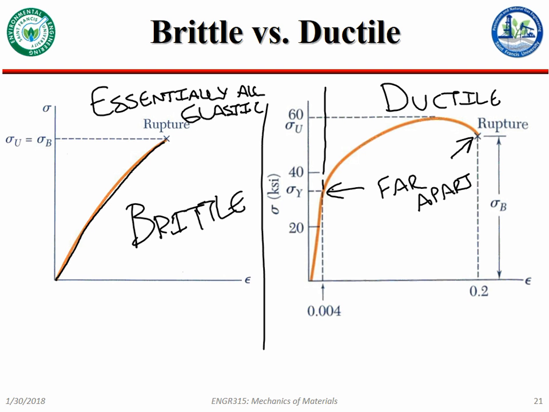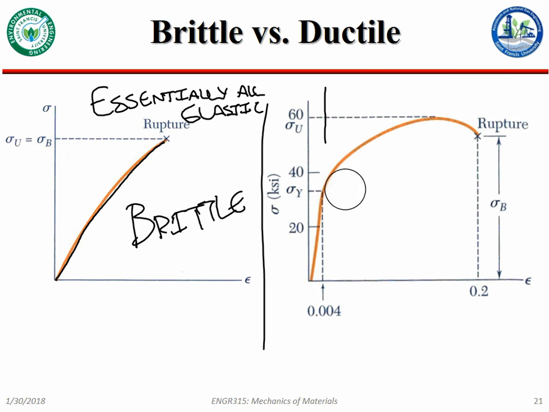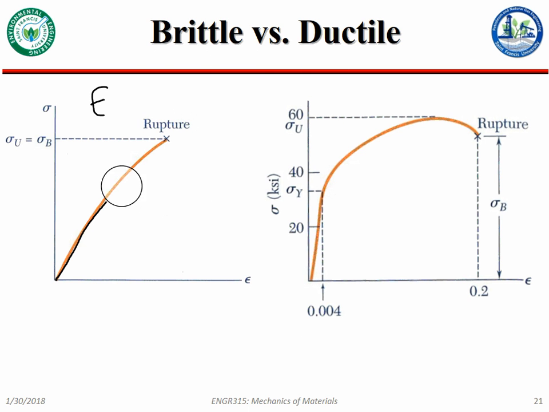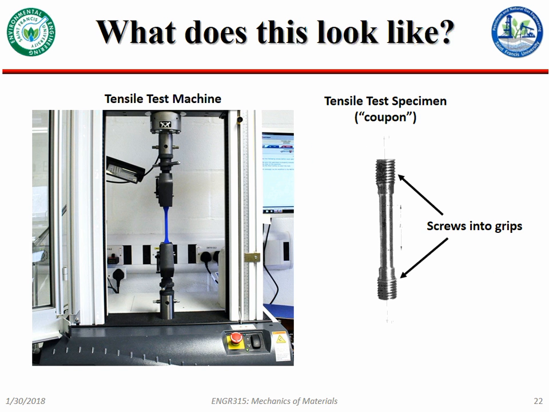So the next question is, how do we figure this out? And the answer, which I was hoping might be a part of this class, and well, doesn't look like it, unfortunately, is typically something called a tensile test machine, which can look something like this.